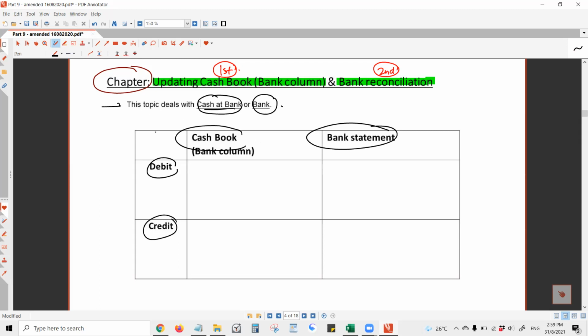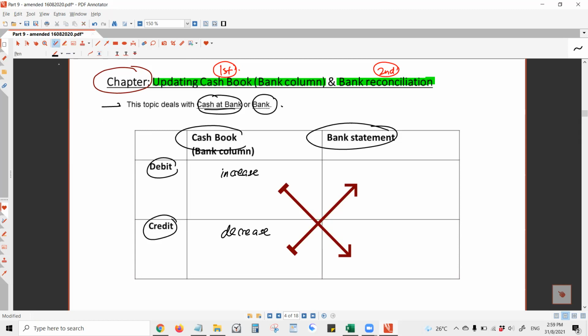That means in the cash book, the debit column means an increase. On the other hand, the credit side of the cash book means a decrease. But for the bank statement, it is the other way around.